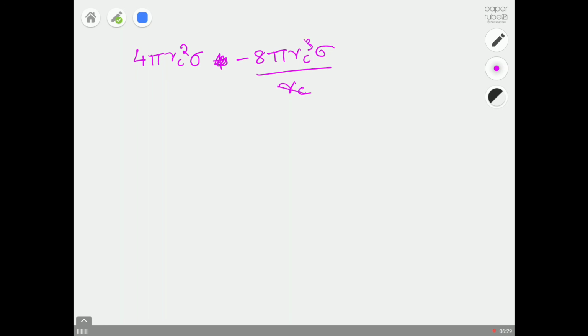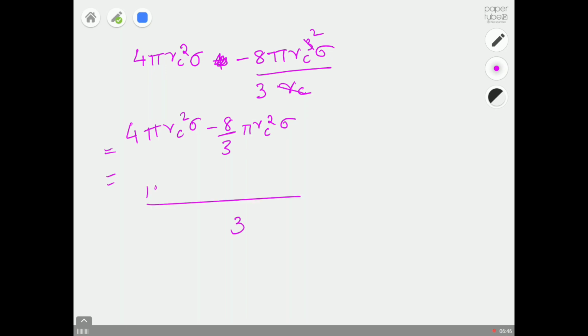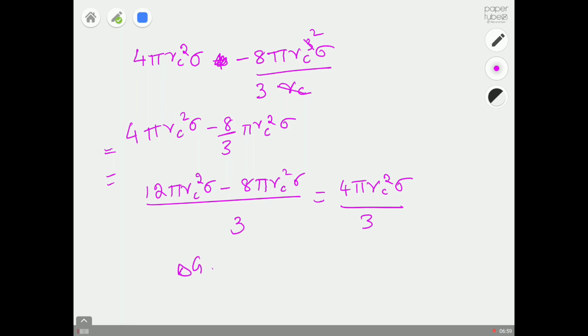So this one will get cancelled, and you will get 3 here. So 4 pi RC squared sigma minus 8 by 3 pi RC squared multiplied by sigma. So we take a common factor here, 3 fours are 12 pi RC squared sigma minus 8 pi RC squared sigma, that will be equal to 4 pi RC squared sigma divided by 3. So this is your delta G critical.